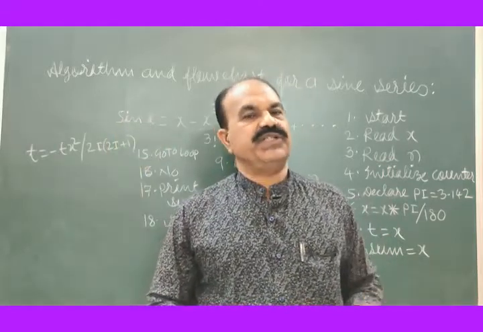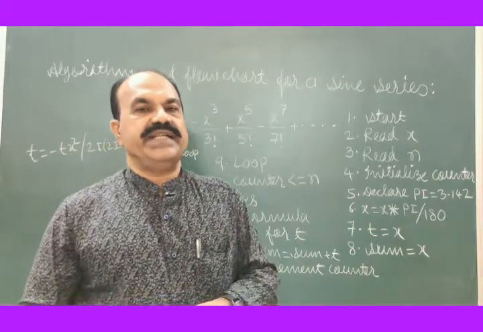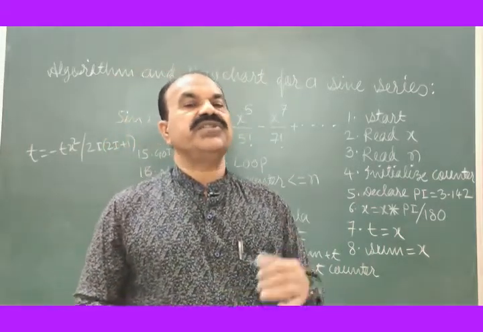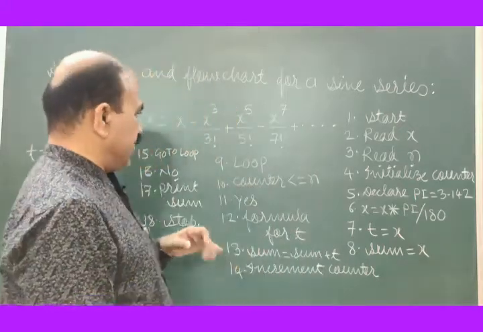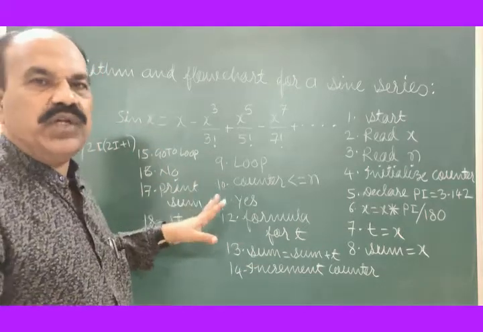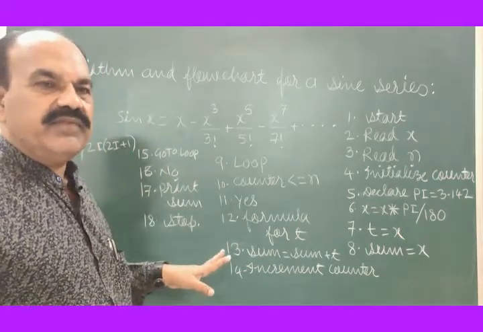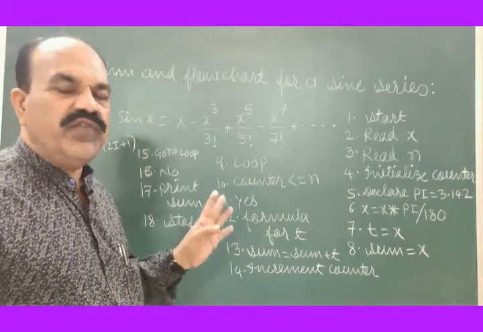Hope you understood it. After writing this algorithm for the sine series, now let us try to write the flowchart. I have no space, so I have to just wipe out all these things, and then I have to draw the flowchart.